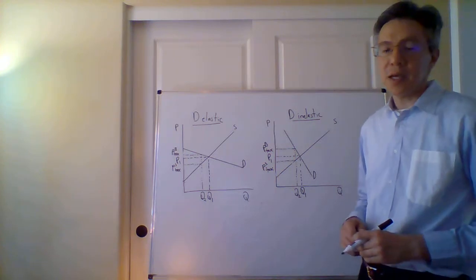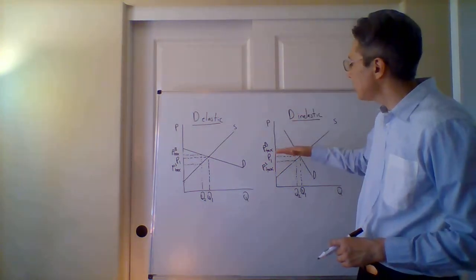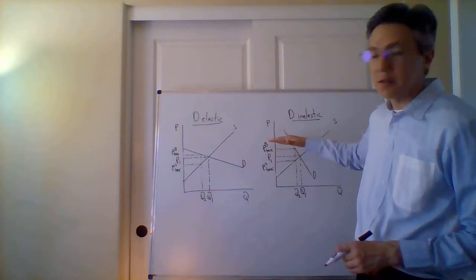Okay, and so the idea is the more inelastic the demand curve, the greater the burden of the tax on the buyers.